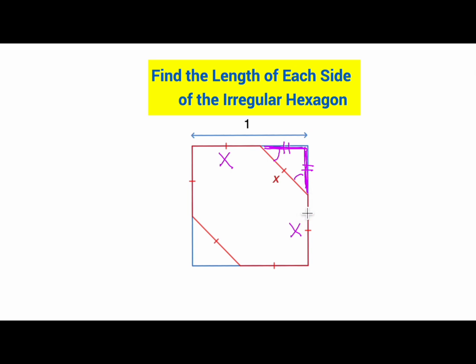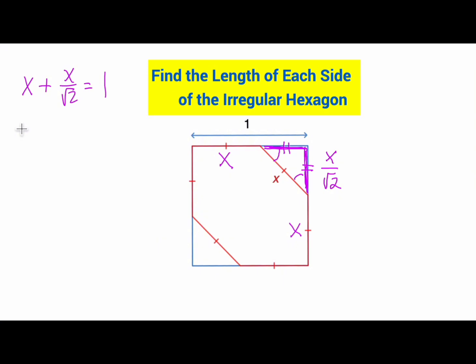In a 45-45-90 right triangle, if you know the hypotenuse, then to find one of the legs, all you do is take the hypotenuse, x, and divide it by root 2. So what that does is that makes this whole side of the square, x plus x over root 2, equal to 1. So now what I want to do is factor out the x.